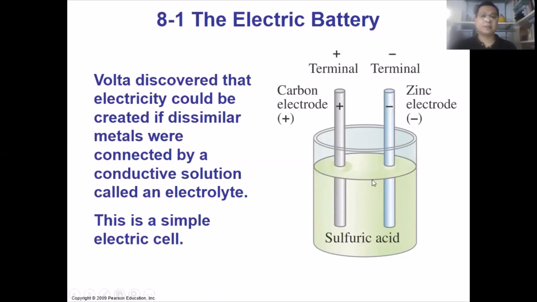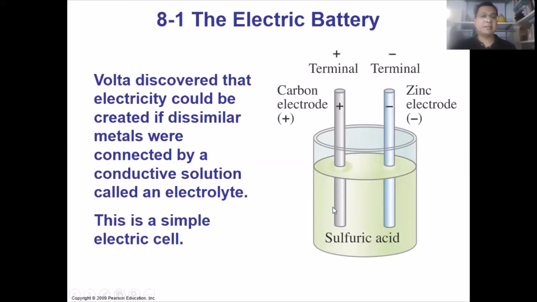We call the electrolyte a liquid or solution. In this case, for example, we use sulfuric acid with the carbon electrode and zinc. The material with the high noble level we call the electrode, electropositive, and the material with the low noble level we call negative.